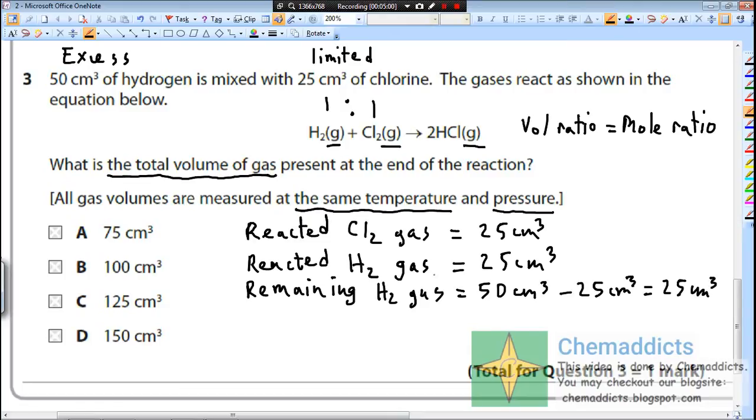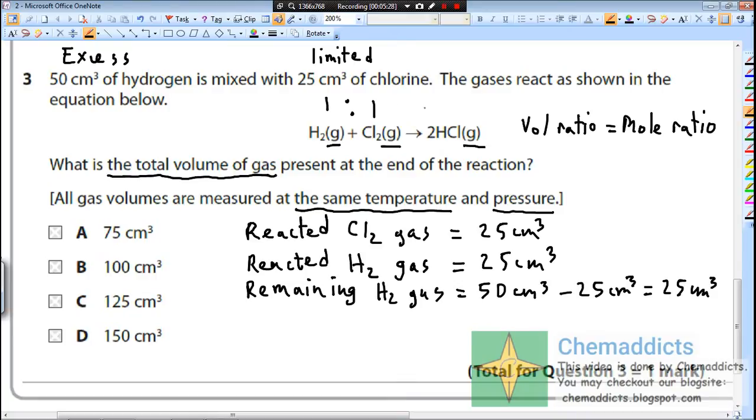That means from this 50 cm cube of hydrogen gas, 25 cm cube of hydrogen gas has reacted with this chlorine, and the remaining 25 cm cube of hydrogen is left in the reaction. Okay, so from this mole ratio we can also find how much hydrogen chloride gas has been formed.